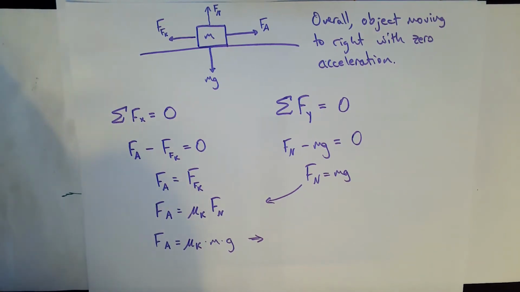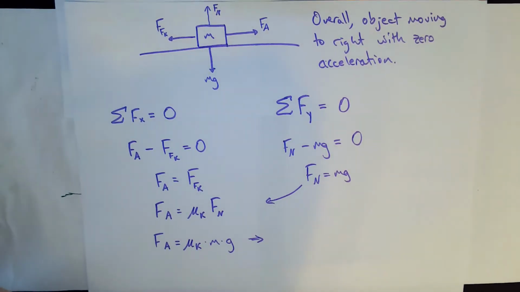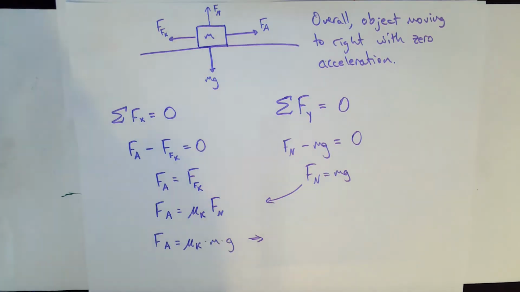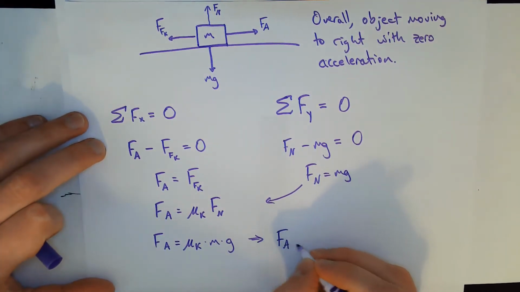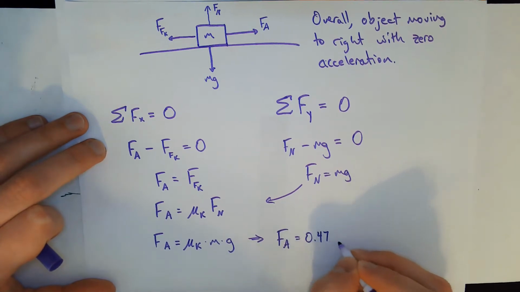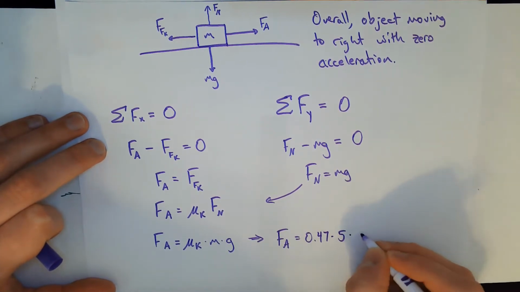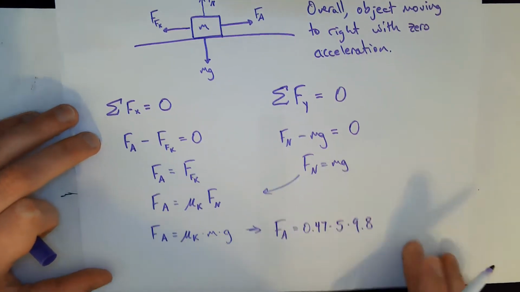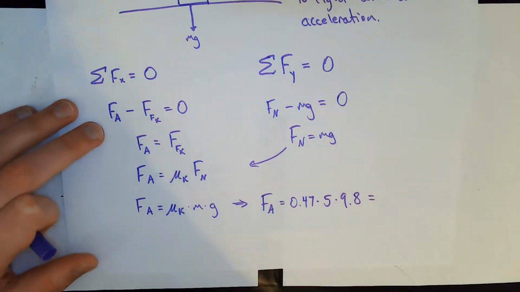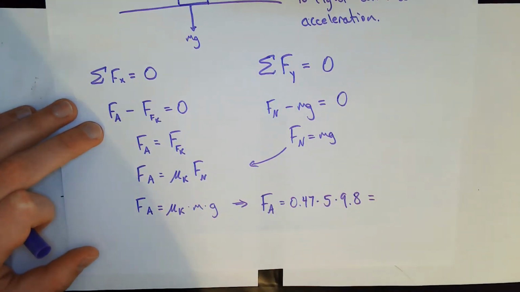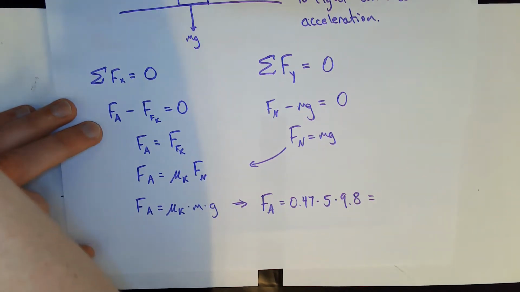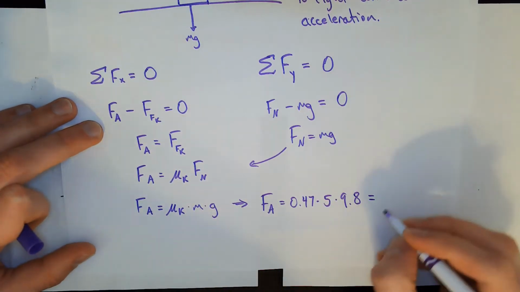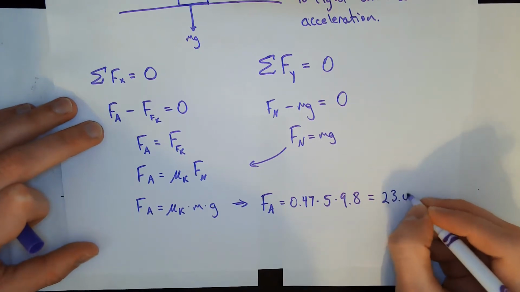It's not the same as the 0.61 we used a second ago because this is kinetic friction. So it's 0.47 times mass, which is 5, times gravity, which is 9.8. So I'm getting 0.47 times 5 times 9.8 is 23.03 newtons.